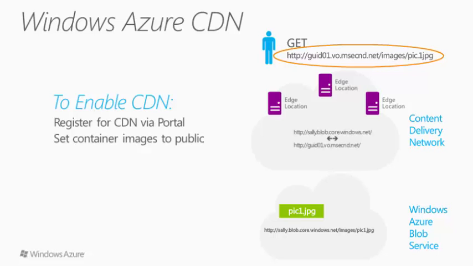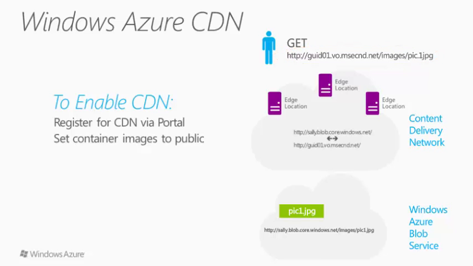The entire domain name, like guid01 vo msecdn.net, it's a domain name of your CDN endpoint, and Microsoft will understand and will be able to recognize to which storage account it should map this URL. And then you have a regular container name, images, and pick one.jpg as your file name.